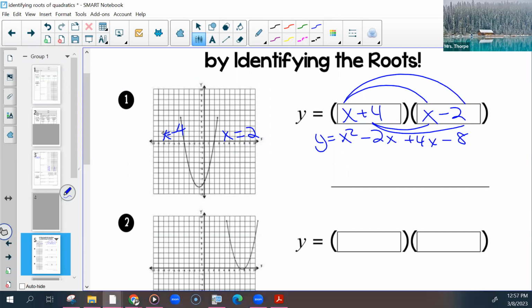And then we would combine those like terms. So this would be a good way to check yourself. Did you get the right solutions by distributing, putting this back into standard form, graphing that to see if your solutions and graph match? But that's not a necessary step.